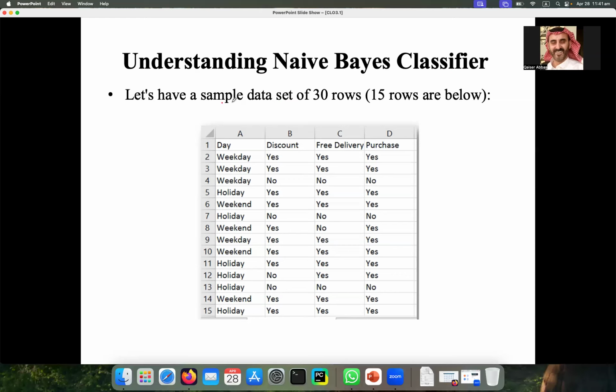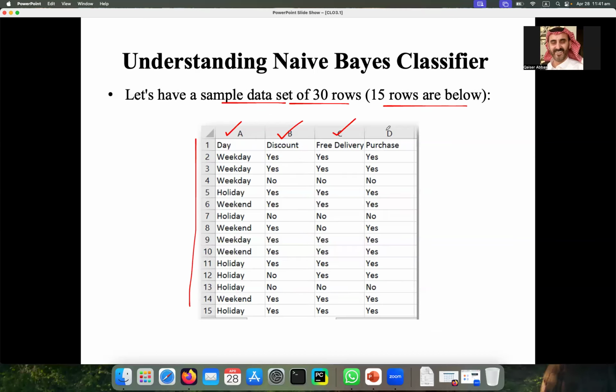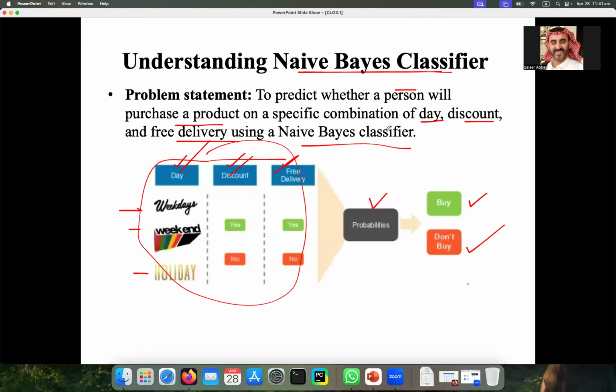This is our sample data, which contains 30 rows, but here we have displayed only 15. You have one column day, another column discount, another column free delivery, which were these columns. Now what do you want to predict? These are the inputs of your model, and the inputs of your model are called independent variables.